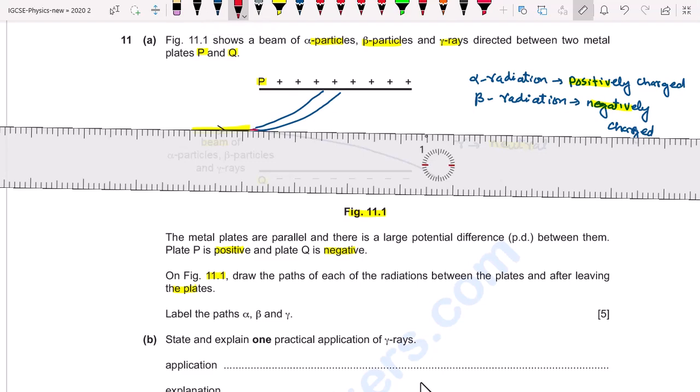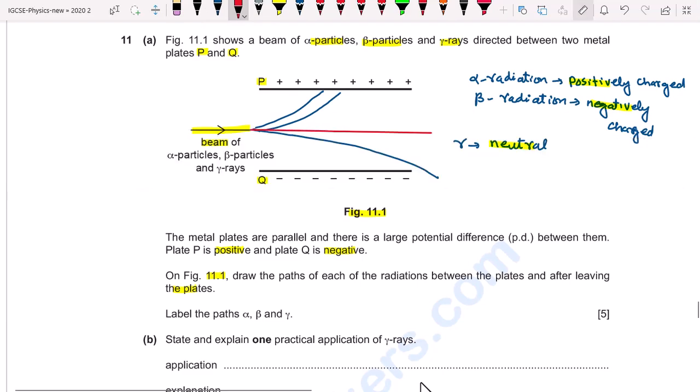So the path of gamma rays is this. These are gamma rays, these are alpha radiation and these are beta radiations.